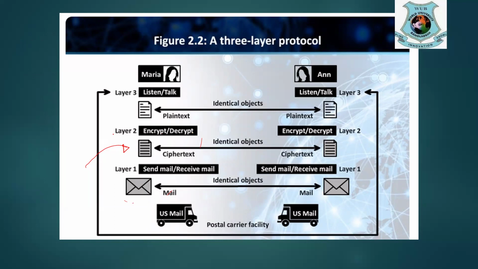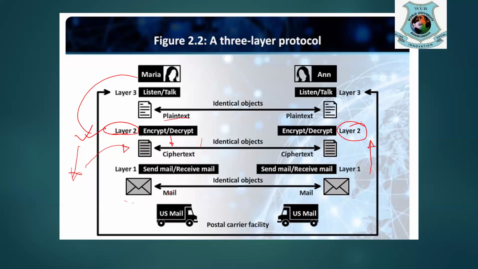Say, for example, layer 2, in Maria's case, is just converting the plain text into ciphertext. But in this case of layer 2, the direction is like this. The data is going in this direction, and in this case, the data is going through this direction.